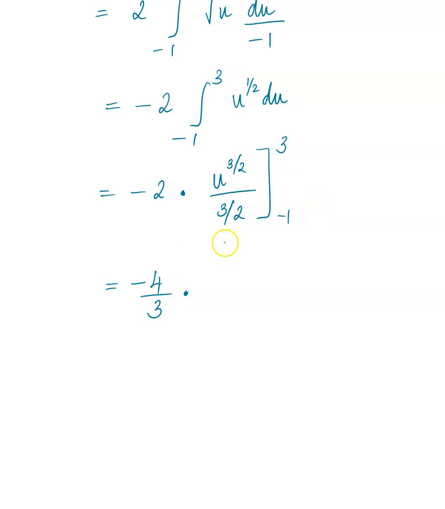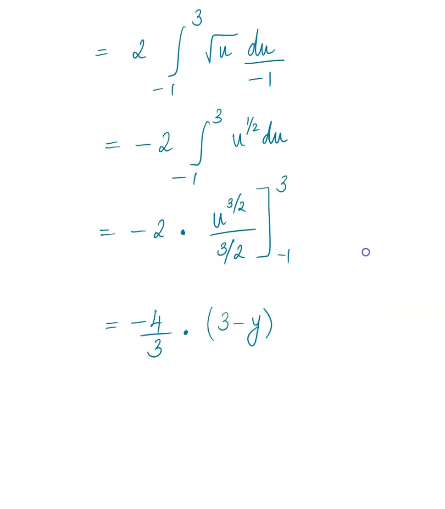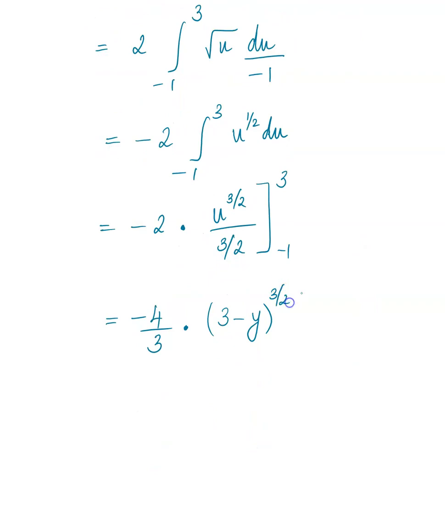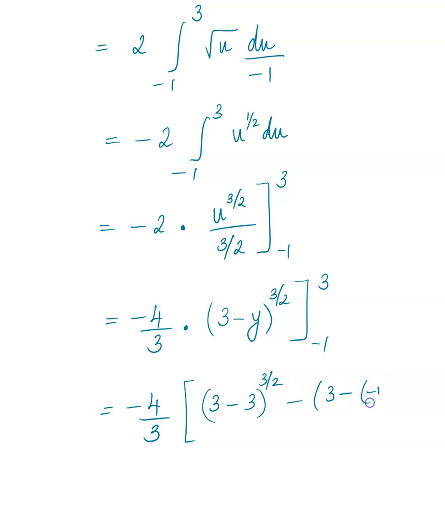I'm going to replace the u with 3 minus y, power 3 over 2, and then I will apply the original y limits. It's negative 4 over 3, 3 minus 3, power 3 over 2, minus 3 minus negative 1, power 3 over 2.